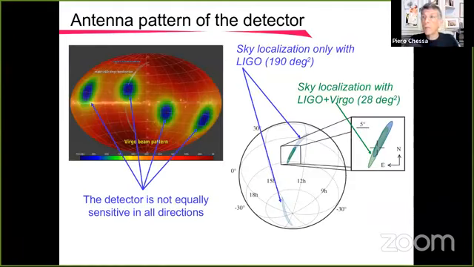So from the comparison of the intensities of the signals, we could point out the point in the sky where we thought the source was, and we gave this alert to other astronomers, and other astronomers made their observation in the electromagnetic spectrum, and they took other information about the event.